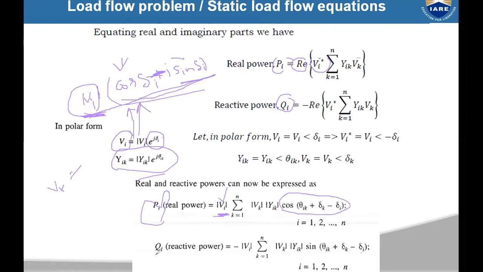If you separate the imaginary part, you will get the reactive power Qi, which is equal to minus magnitude of Vi, sigma k equal to 1 to n, magnitude of Vk, Yik, sin of theta ik plus delta k minus delta I. Now these two are the real power injected and reactive power injected at the ith bus.